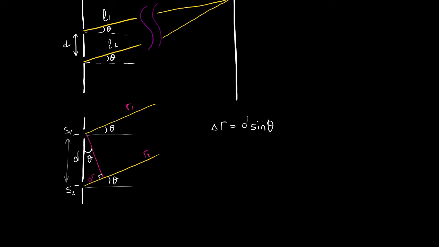And from here, I can say if d sine theta equals m lambda, then we have constructive interference, which means it's a bright fringe.